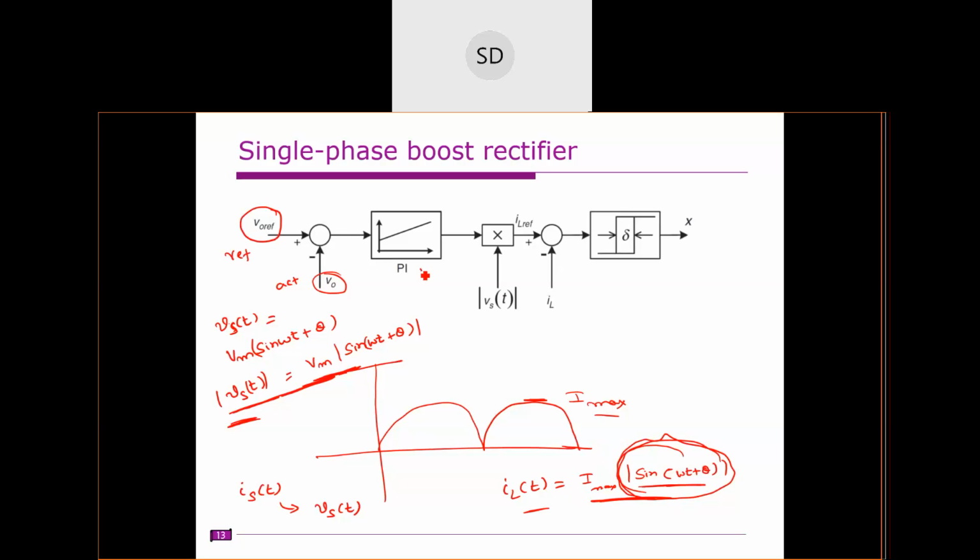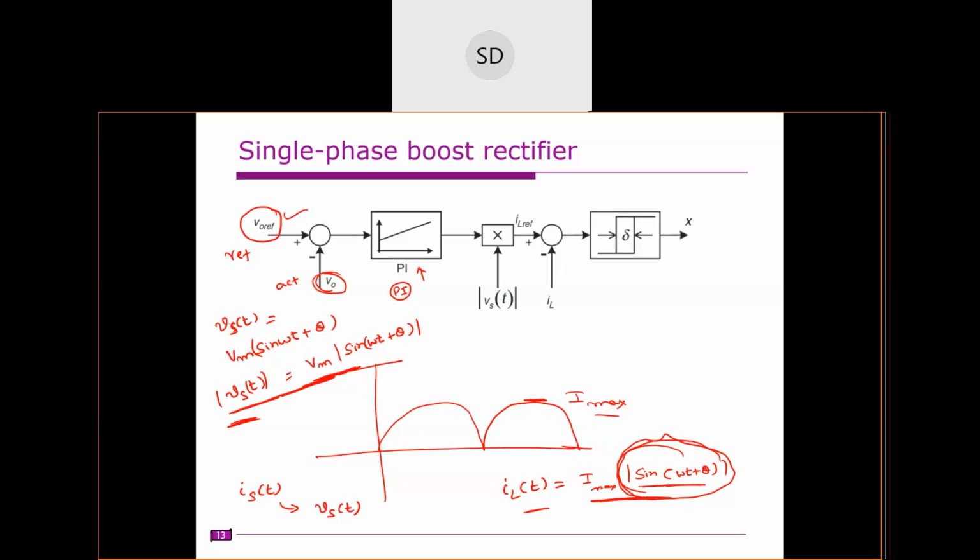The error is given to a PI controller, since this is operating in closed loop. What is the purpose of this PI controller? It will make the steady state error 0. That means it will track V0 to follow V reference, so the difference between V reference and V0 is practically made 0.